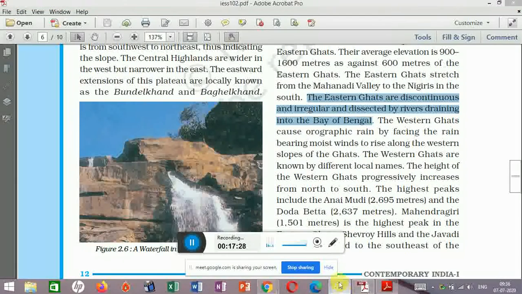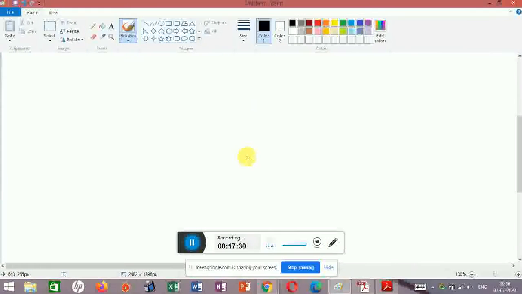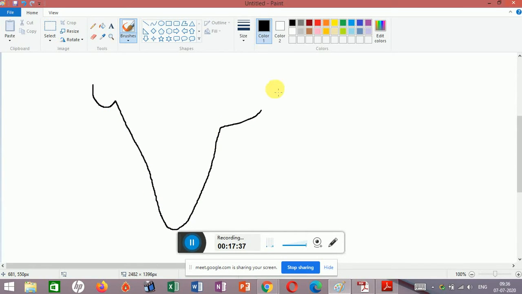Let us see here. See, let us say this is the peninsula part, and here lies the Western Ghats. Western Ghat is a continuous mountain range, and here lies the Eastern Ghats.